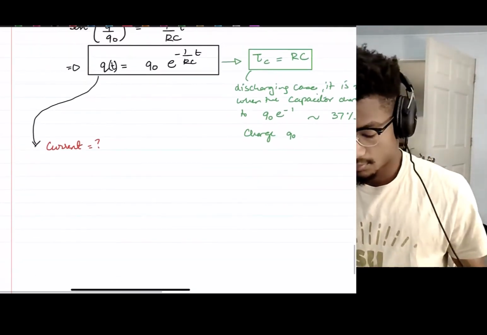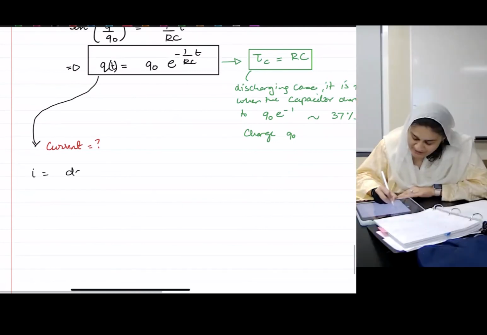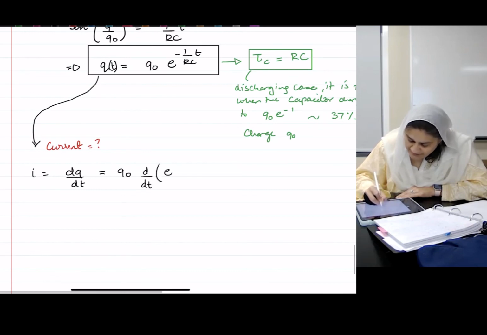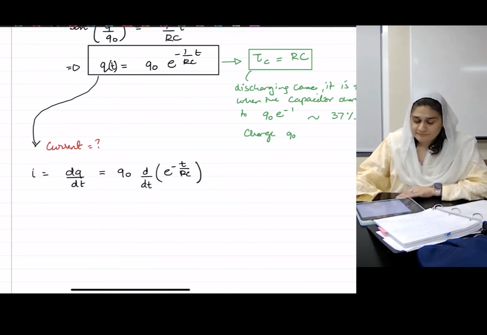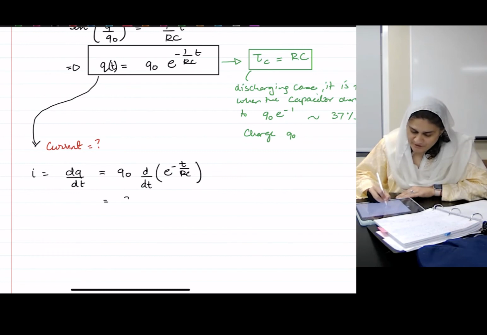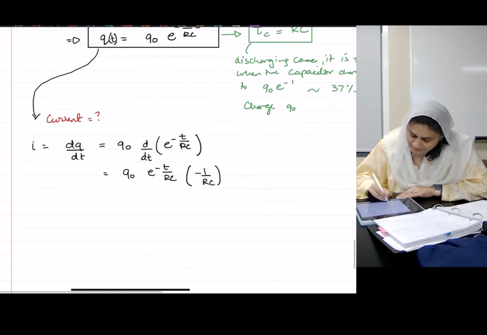Can we do that? So I will just be dQ over dt, or Q naught d over dt of e to the minus t over RC. Very good. Which is also equal to minus 1 over RC, Q0 divided by RC with a minus sign, e to the minus t over RC.